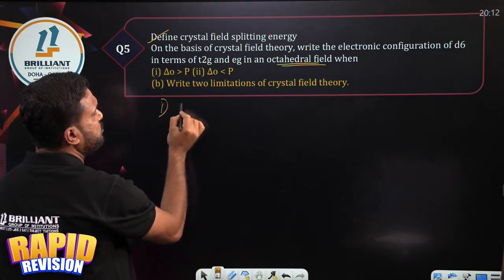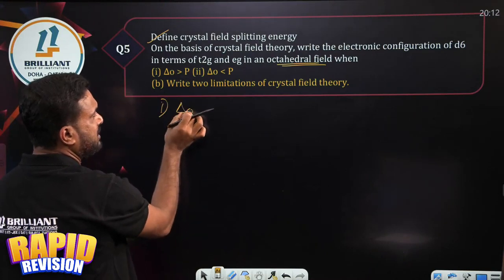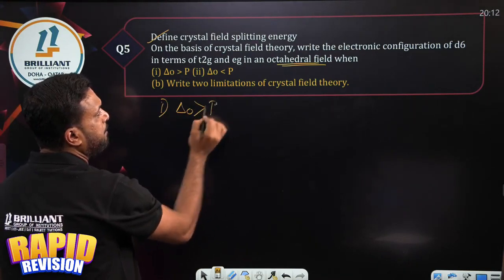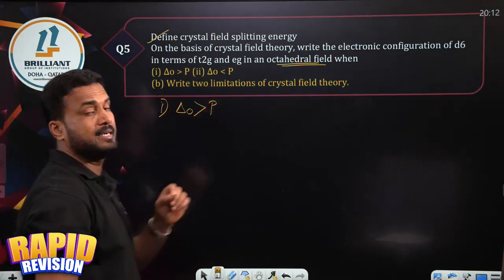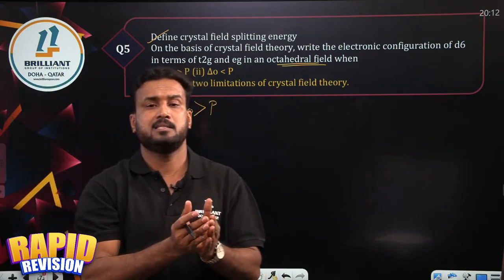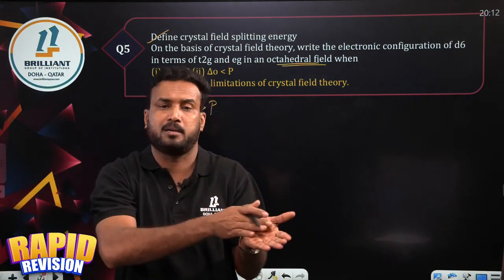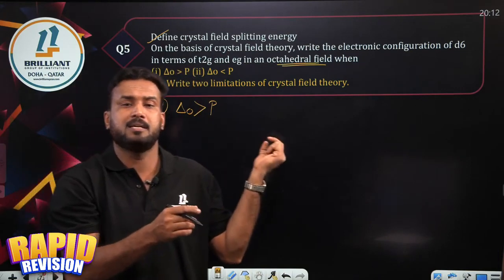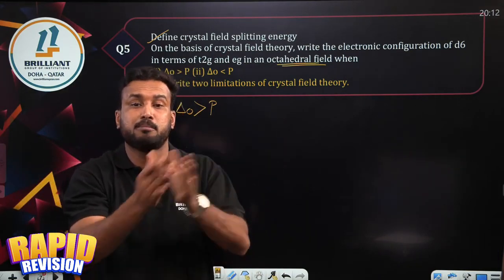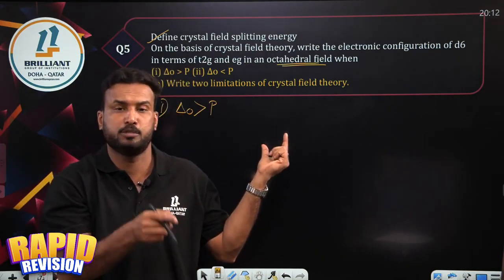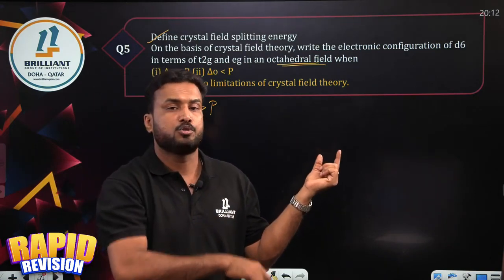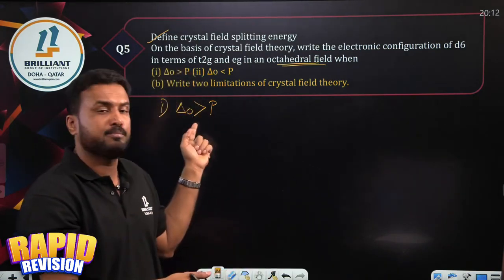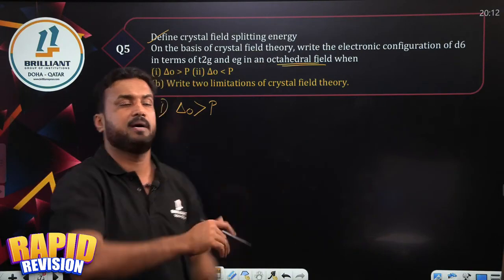The first condition is delta O, the octahedral splitting, greater than P. What is P? Pairing energy, the energy required to pair up electrons. Here the octahedral splitting energy is much more than the pairing energy, which means pairing occurs.